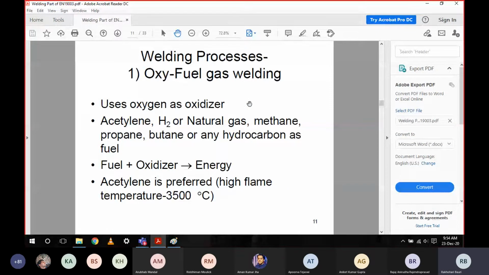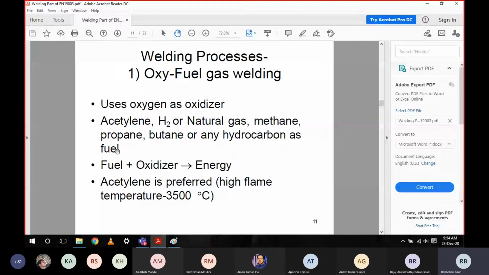Now, the first kind of welding process is oxy fuel gas welding. In welding, first you need an energy source in the form of heat. Here you are getting heat out of chemical energy.